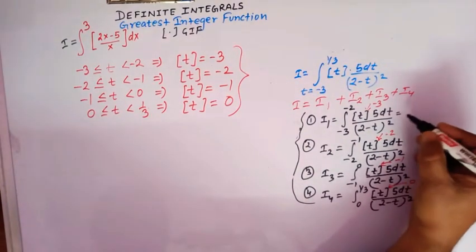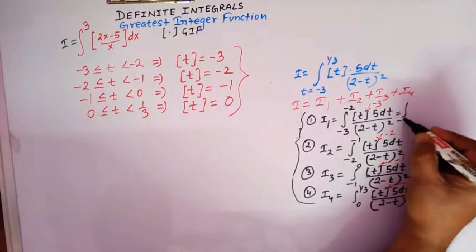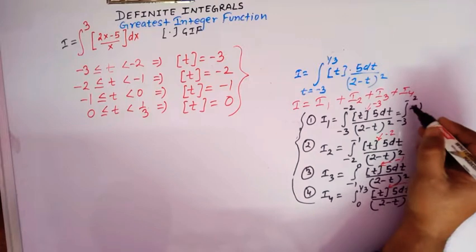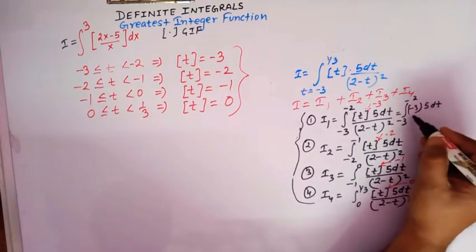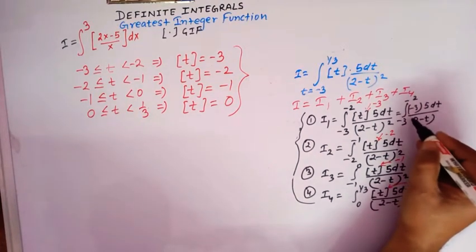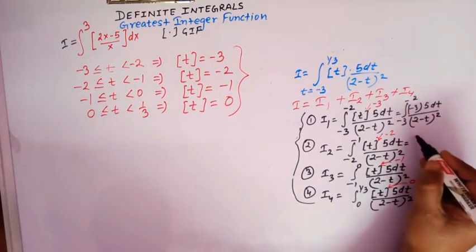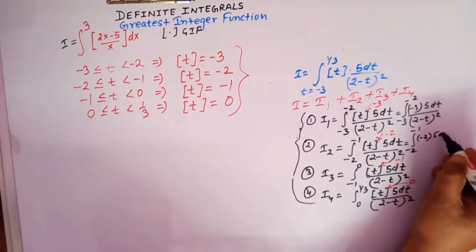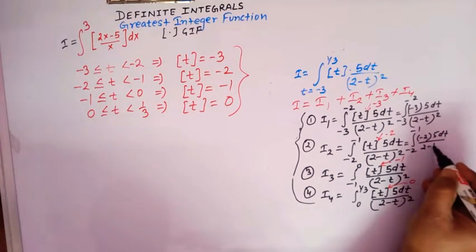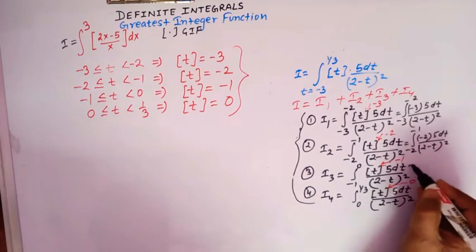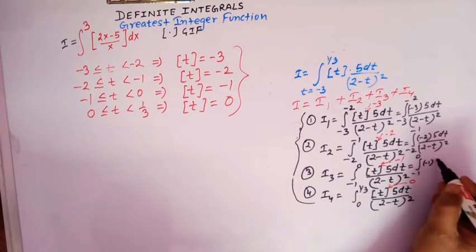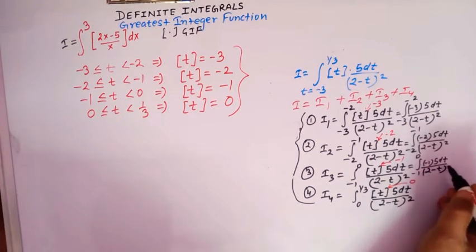So here we can write the integral from -3 to -2 of (-3)·5 dt over 2 minus t square, then from -2 to -1 of (-2)·5 dt over 2 minus t square, then from -1 to 0 of (-1)·5 dt over 2 minus t square, and from 0 to 1/3 of 0·5 dt over 2 minus t square.